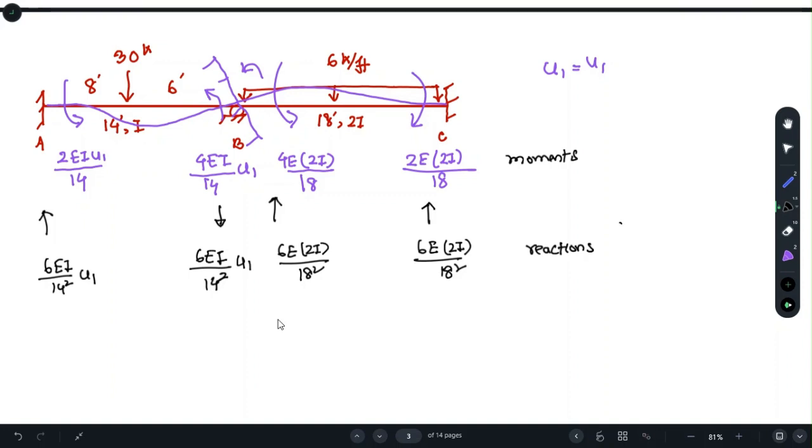Now we'll superimpose the moments and reactions. Sorry, before that we'll make an equilibrium equation.